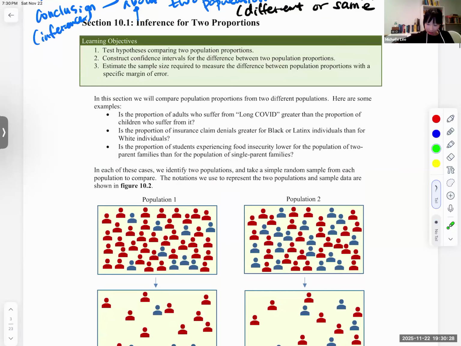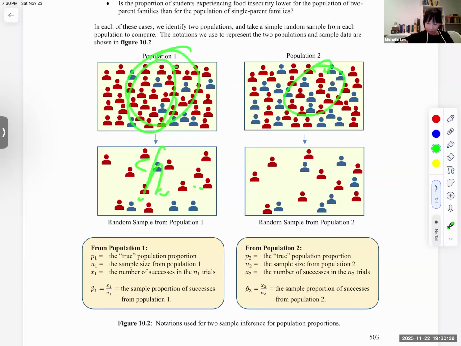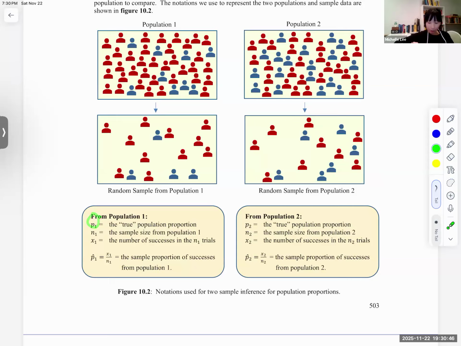So what we did earlier, let's take a look. We have population one, population two, and then we get a random sample from population one, and another random sample from population two, right? So p sub 1 is what we call the true population proportion. n sub 1 is the sample size from population one. x sub 1 is the number of successes from population one.